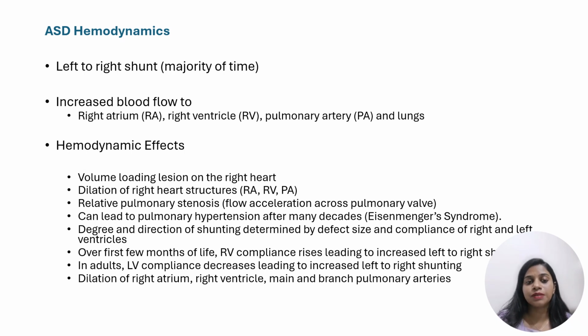So what is meant by ASD hemodynamics? ASD hemodynamics means the ASD is mainly causing a left to right shunt, and it is increasing the blood volume that is pumped back into the RA, RV, pulmonary artery, and then the lungs.